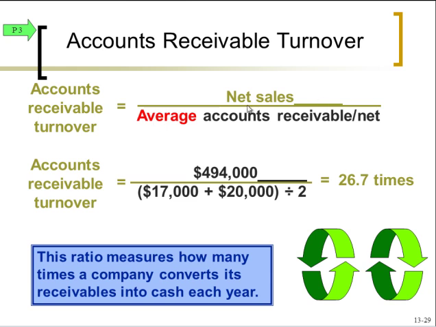So we take net sales divided by average accounts receivable. And in this example, we get 26.7 times. What this basically means is that we sold a product on account, we collected those accounts, we sold some more, we collected some more, sold again, collected again, 26.7 times on average throughout the company's year. That's all that's telling us. The higher, the better, the more efficiently we're operating.